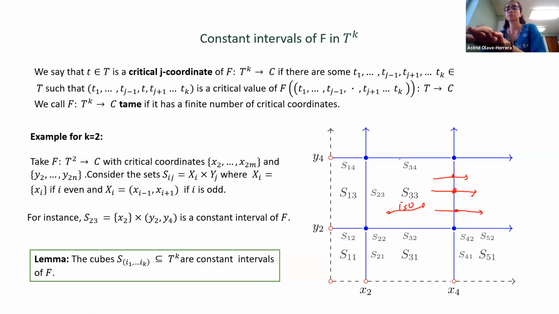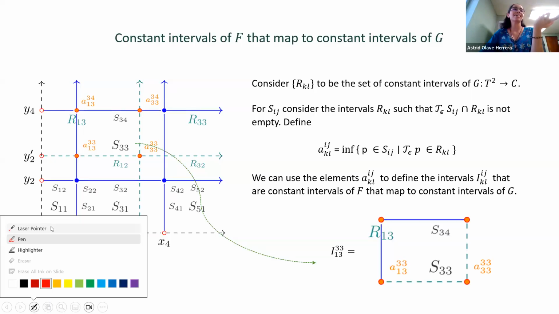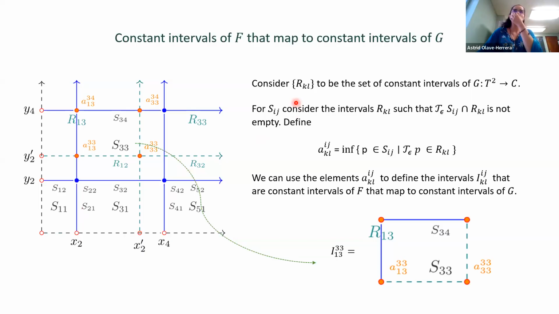Let's go to the second step. The second step is that we wanted to divide these constant intervals into things that map to constant intervals. So we have those S_ij that are constant intervals of F, and we're going to call the R_kl, and this is the point, my tongue is going to twist, the constant intervals of G. So here I kind of overlap one over the other.